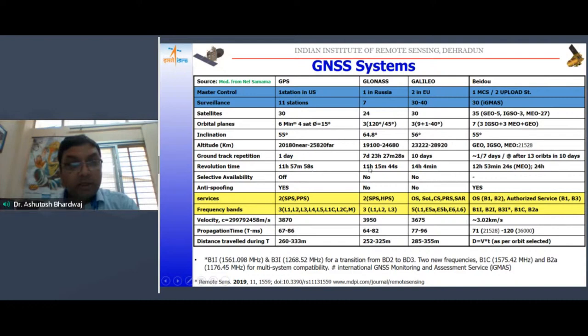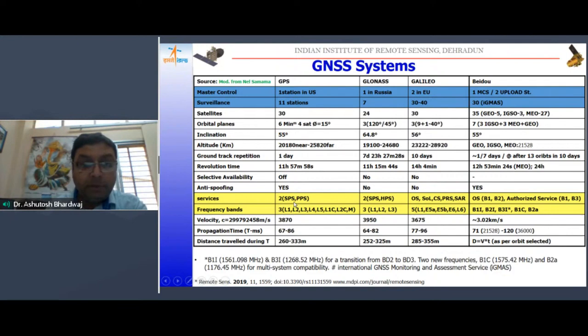Their revolution times are nearly 12 hours for the GPS and GLONASS. That means these satellites complete about 2 orbits per day, whereas Galileo has 14 hours revolution time and BeiDou has 12 hours 53 minutes for the medium Earth orbits.